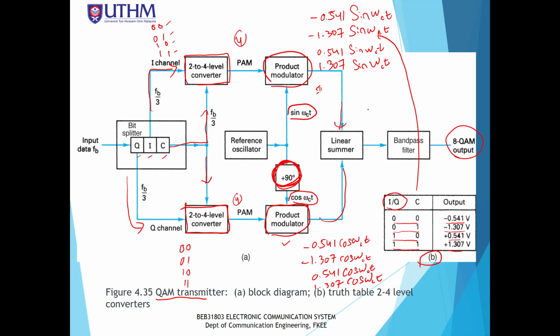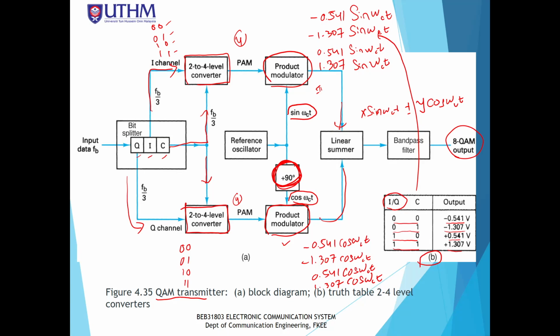The output of the linear summer is going to be x sine omega ct plus minus y cos omega ct. Okay, and then it is put inside the band pass filter to select a certain frequency, and then we are going to produce the output as an 8 QAM.